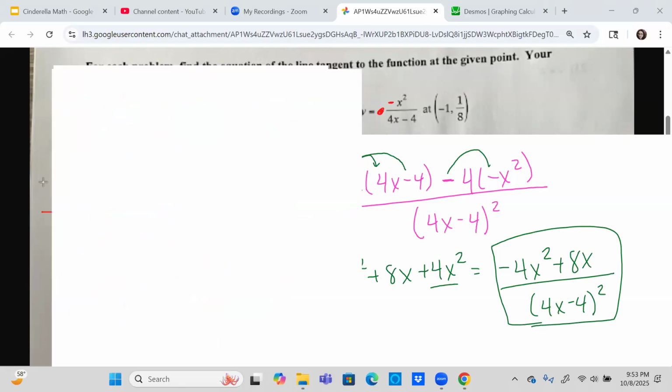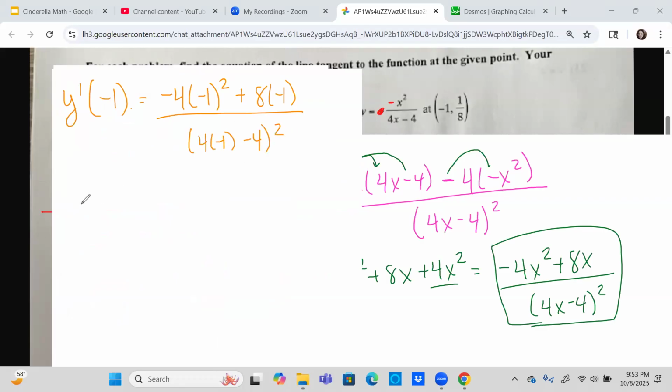So we're doing y prime, which is that in the green box, at negative 1. So everywhere we see an x, put in a negative 1. Okay, on the top, we'd have negative 4 times 1 minus 8.